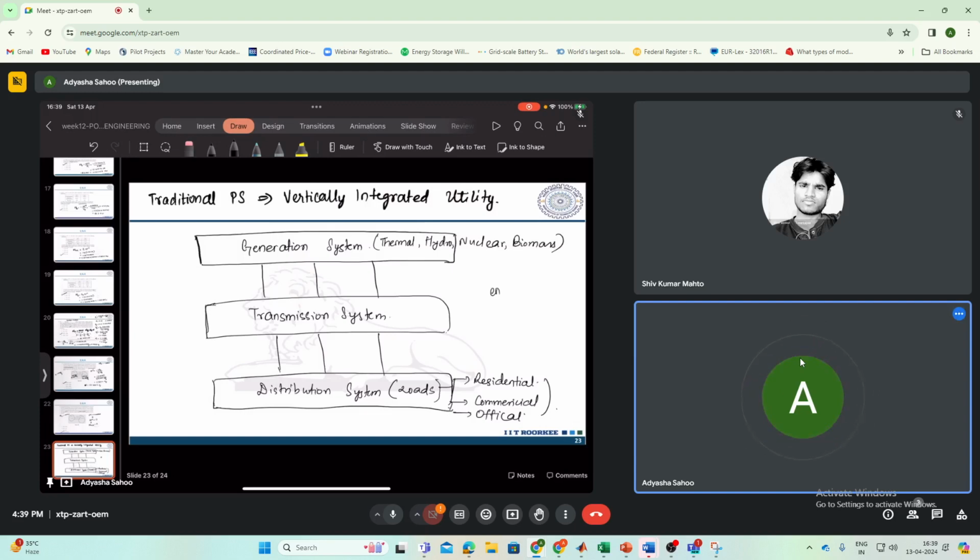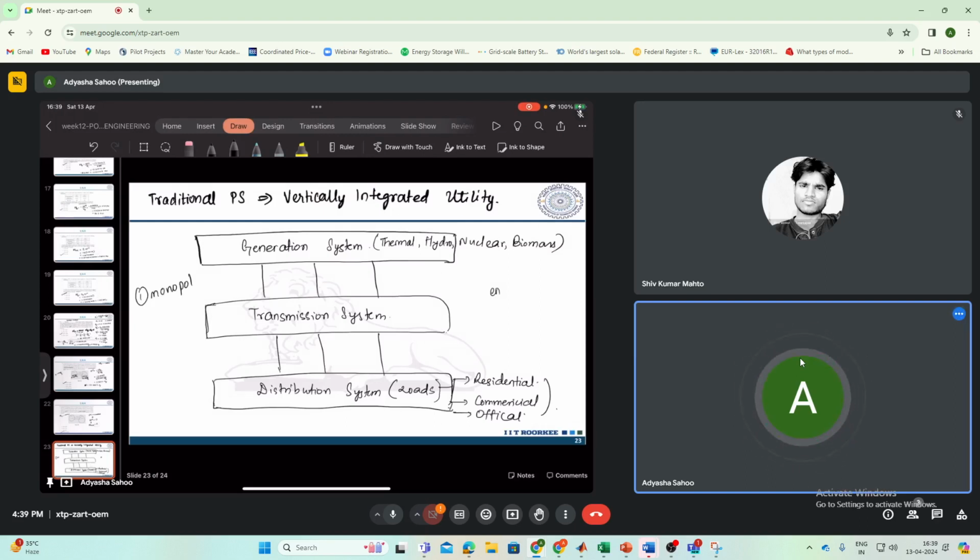Now we have sufficient generation, we want to see how we can supply this power to the consumer at lower or cheaper rates. The problem in this vertically integrated utility was that it was a type of monopoly.